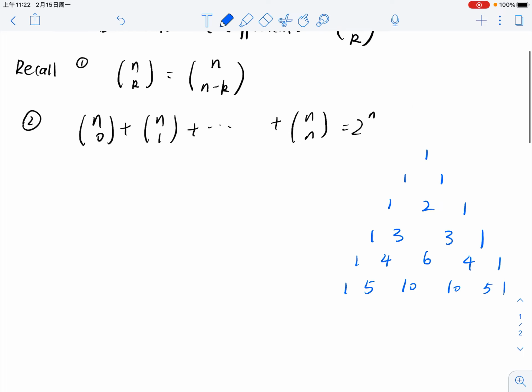So the first one means that it is symmetric along the y-axis.